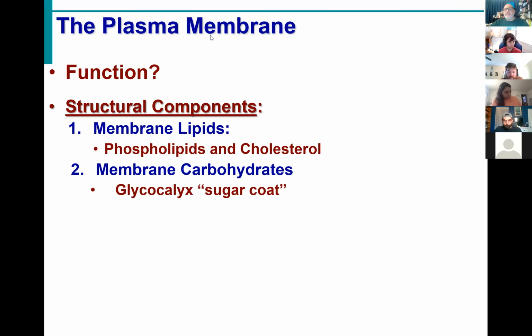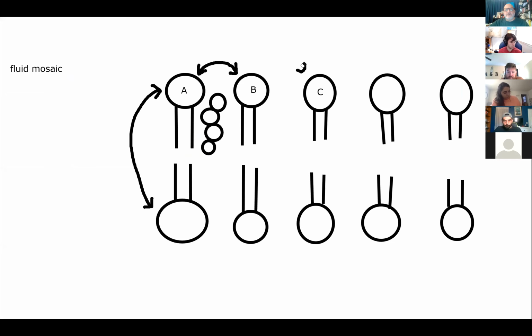So let's go ahead and erase a couple of these arrows. Many of our carbohydrates are found more commonly on the outer surface. So we'll have a row of glucoses on the outer surface of this.